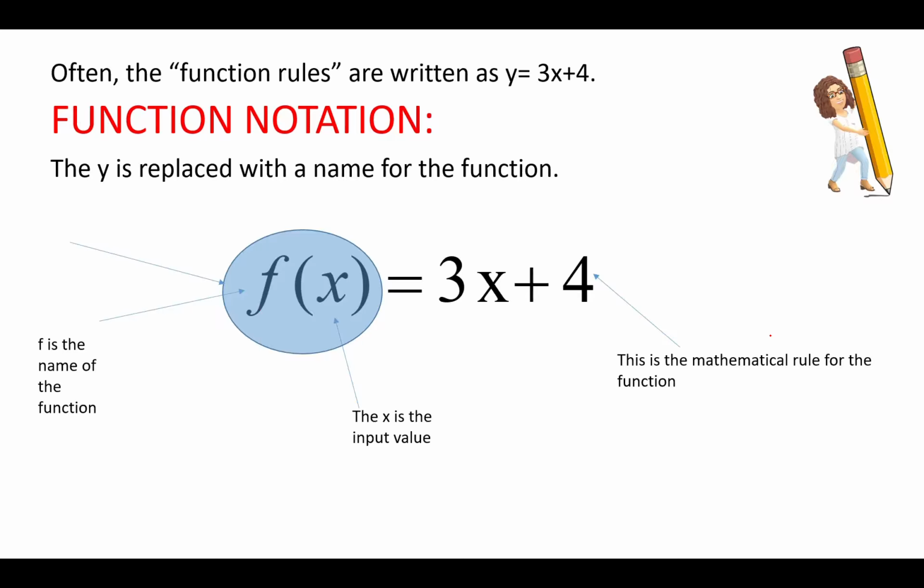And we read this notation as the value of f at x, or you're going to hear me say a lot, f of x. That's what you're going to hear me say in English when we read that notation. So for example, maybe this would turn into a g. Then that would be g of x. That means our function's name would be g.